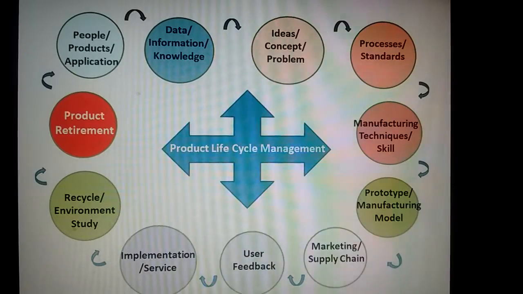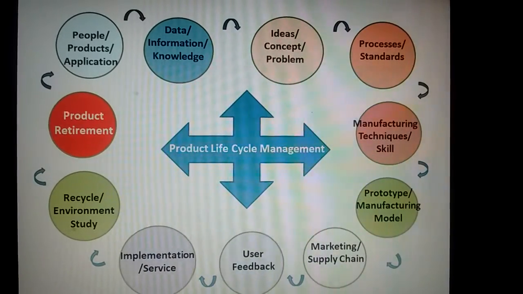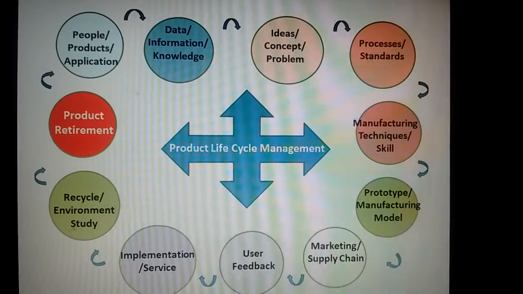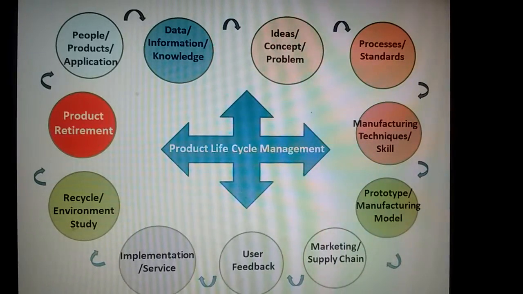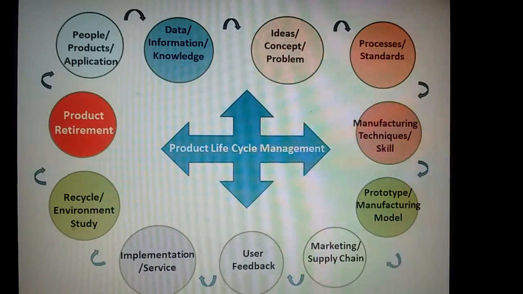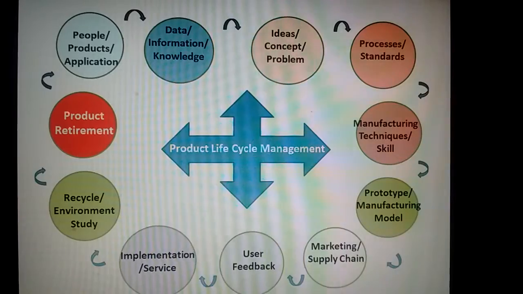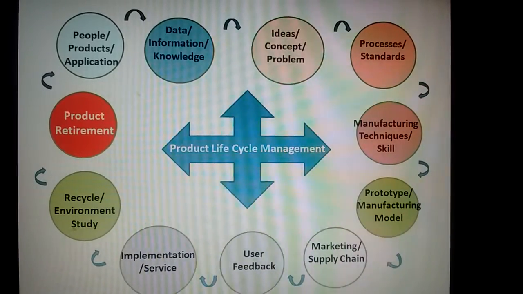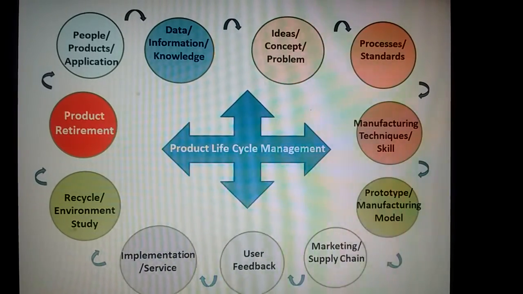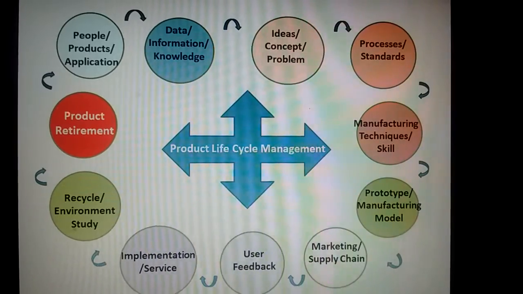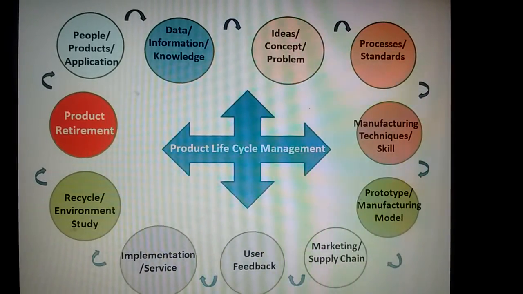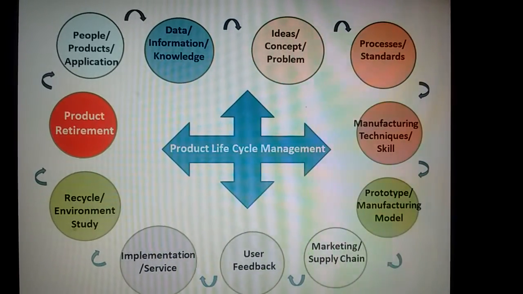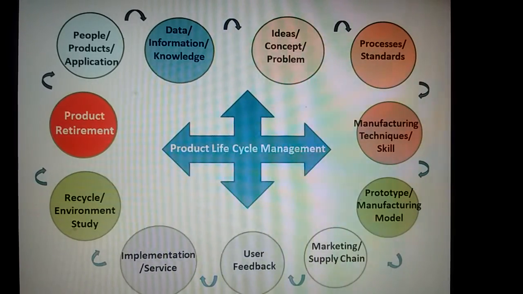Then the next step of product life cycle management is the processes and the standards. This means how to fulfill your concept in the proper product. Various processes are present, and based on those processes and standards, our aim is to develop the product for the users. Standards may be the ISI standard, some UK standard, some German standard, some Bureau standard.